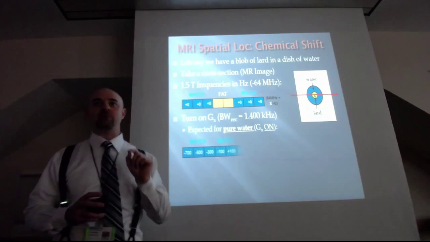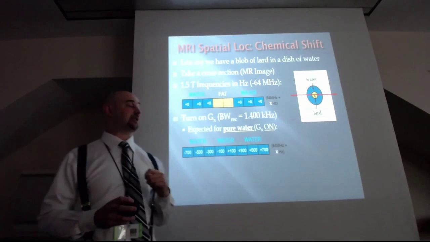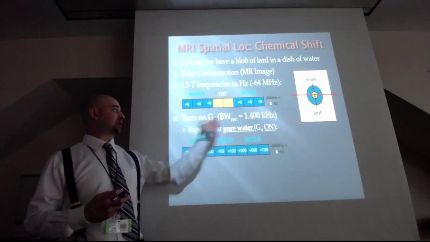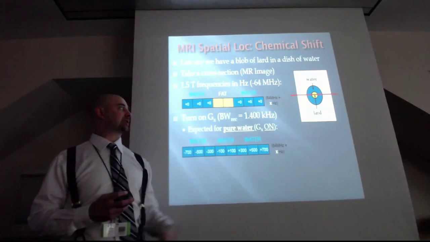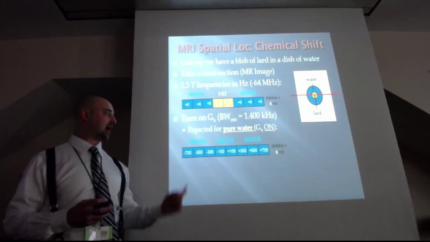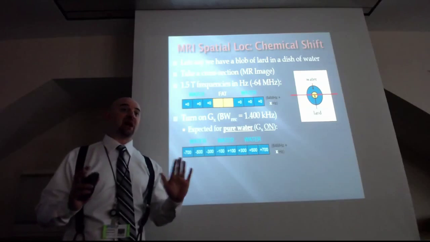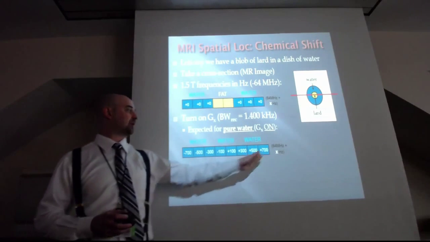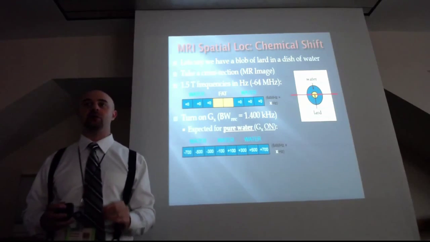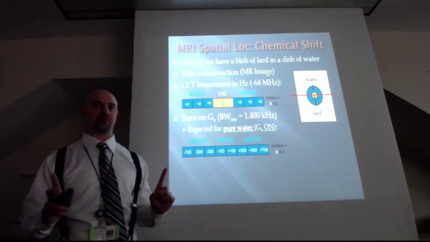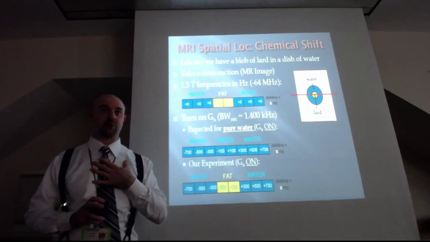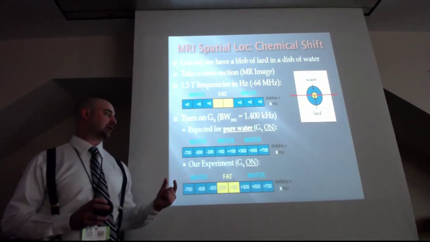Now, if we turn on the gradient in the x direction, or the read encoding gradient, which say we have a receiver bandwidth of 1.4 kilohertz, then what we would expect if it were just a petri dish of water is this variation from negative 700 to positive 700 in terms of precessional frequency. Everyone follow me? Good. Now, in our experiment with the Crisco in the middle, what happens?